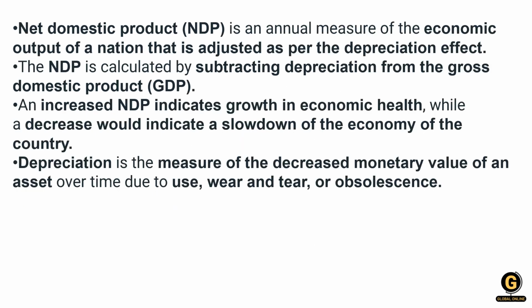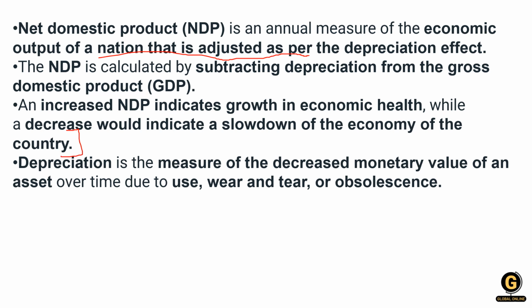What is net domestic product? It is an annual measure of the economic output of a nation that is adjusted for the depreciation effect. NDP is calculated by subtracting depreciation from the GDP, meaning gross domestic product. An increase in NDP indicates growth in economic health, while a decrease would indicate a slowdown of the economy of the country.